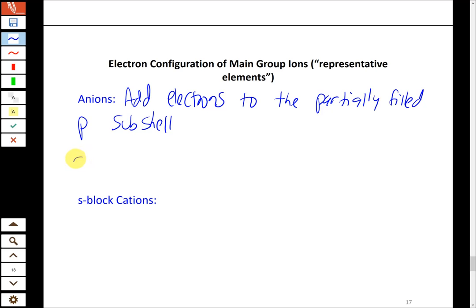So if we have oxygen as a neutral element, oxygen has a configuration of 1s2, 2s2, 2p4. I don't think we talked about that one earlier, but it's in the 4th column of the p block, so that's its configuration. We already said in the last slide that it wants to gain 2 electrons and get to the noble gas. And so it does so, and we add those 2 electrons to the partially filled p subshell.